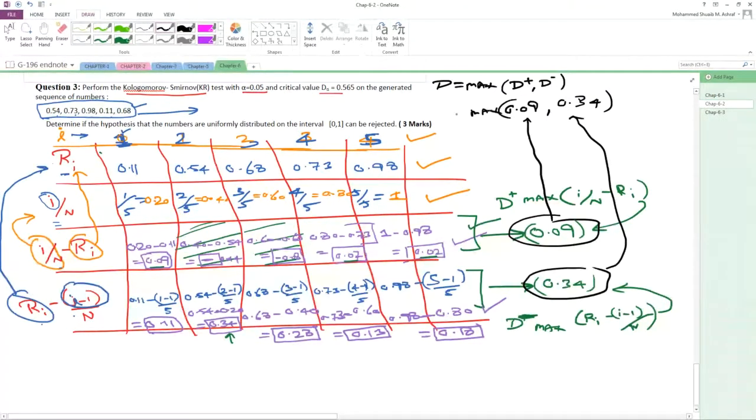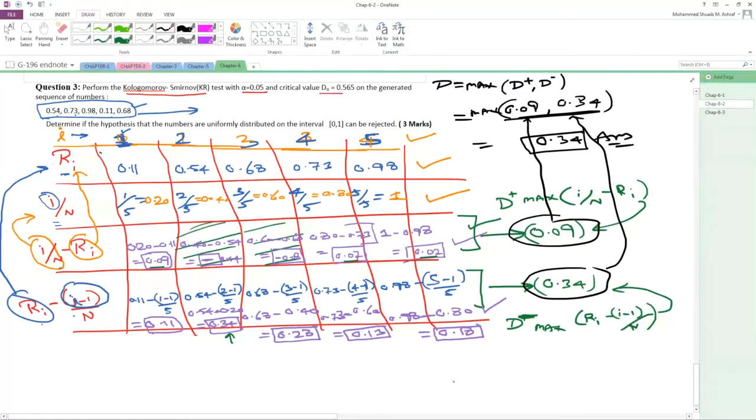Max. So what is the bigger value? 0.09, 0.34. What is the bigger value? 0.34. So this is your answer.